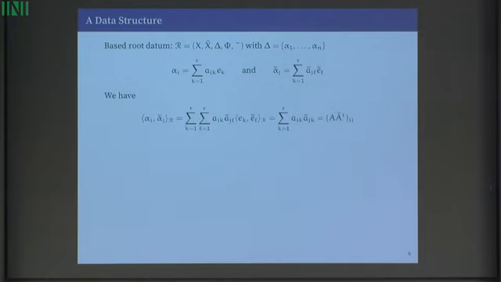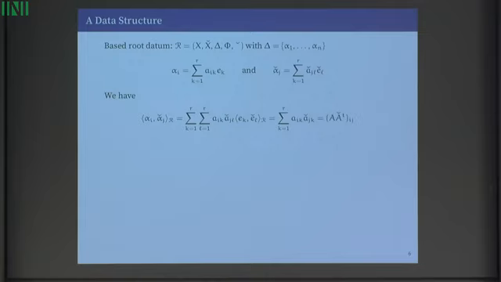And so if you calculate the inner product, because these are dual, what you find is that the inner product of alpha i and alpha j check is A times A check transpose. The entries on the left are the Cartan integers.